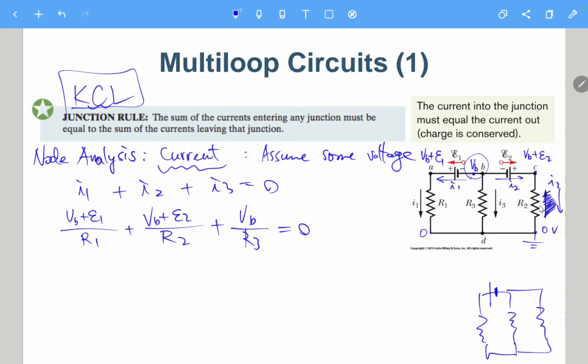If you were to make I2 from bottom to top, then this term would be on the right side with a negative sign. It will still give you the same result, but generally I get used to assuming all the current going out, then you feel like all the things are positive.